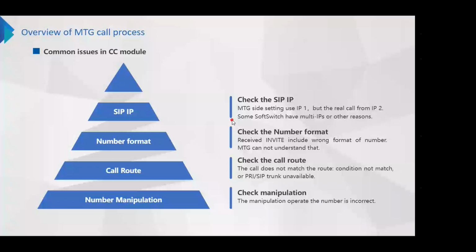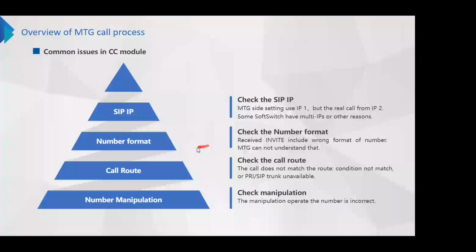So there may be a lot of IP addresses, and please make sure you choose the right one. It's quite common for customers to get confused and route the call to a wrong IP address. Then the software or IPPS cannot accept the call. And make sure you check the number.